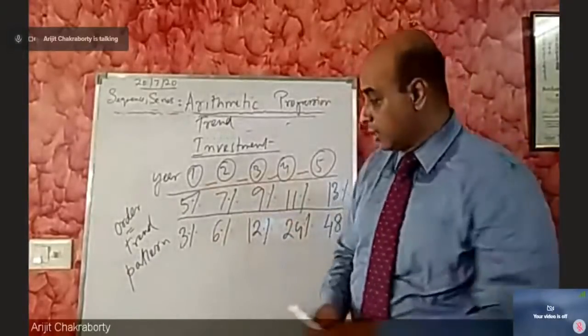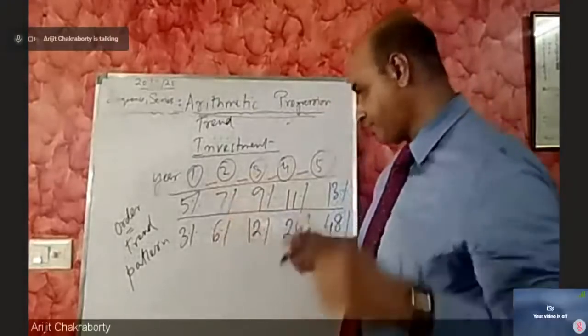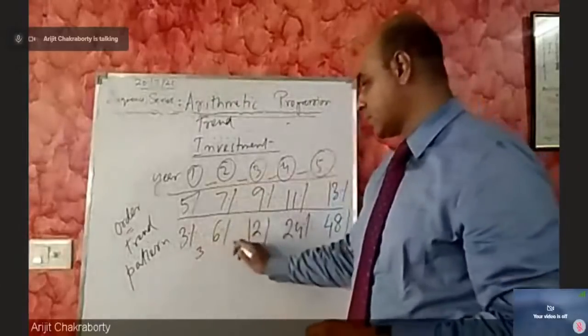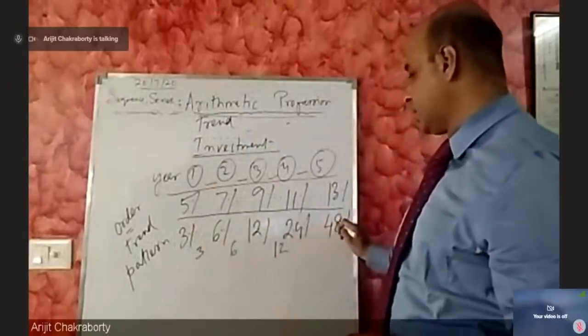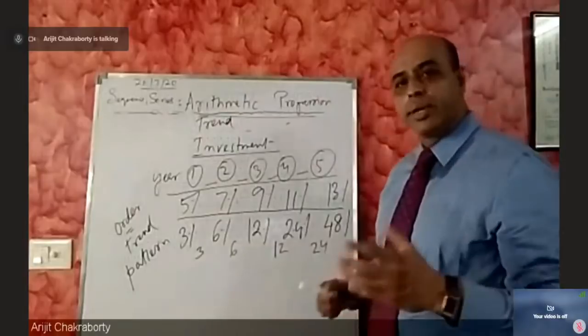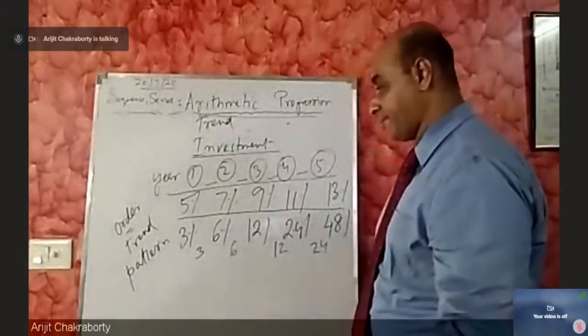But here if you subtract, what do you get? 6 minus 3, you get 3. 12 minus 6 is 6. 24 minus 12 is 12. 48 minus 24 is 24. So here we find, dear friends, that the differences are increasing.